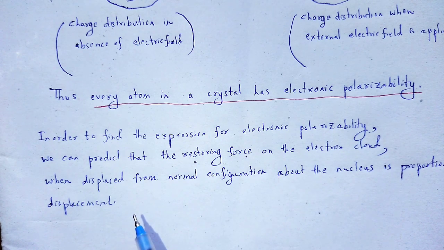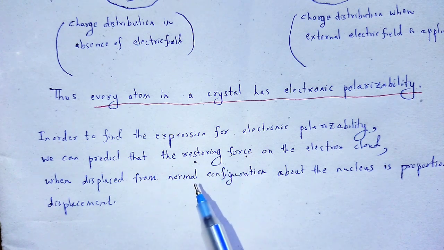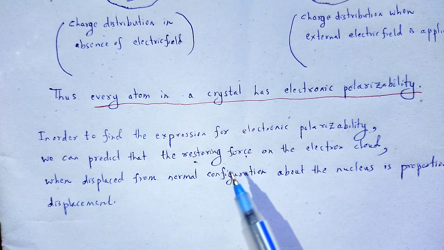That kind of similarity we observe when we are dealing with a harmonic oscillator. In case of a harmonic oscillator, restoring force is proportional to displacement. We can imagine the system as a harmonic oscillator.